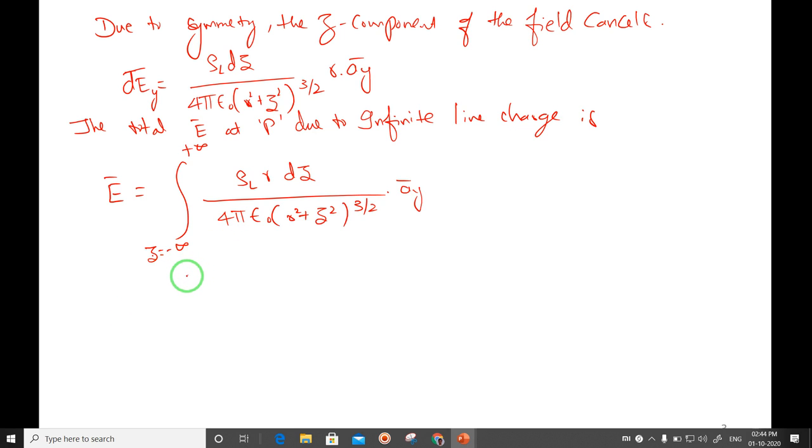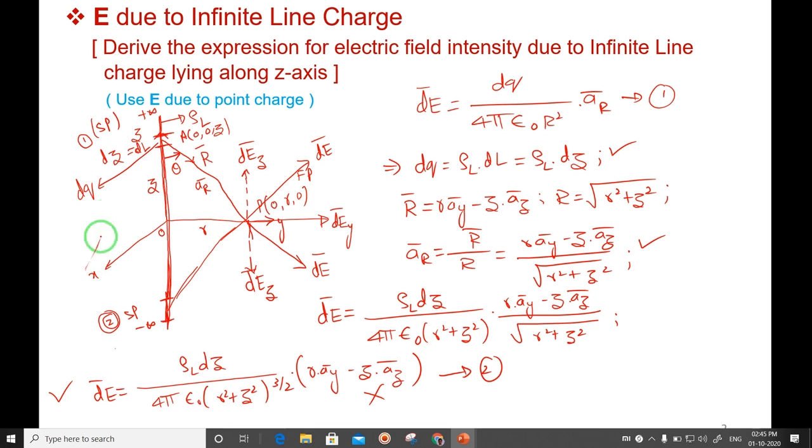But the integration is a challenging task. So z is varying from minus infinity to plus infinity. I want to change the limits of integration, right? So what I will do, just observe the diagram here. Tan theta. Either I can consider tan theta or cot theta, but I will be considering cot theta. First, let me write tan theta. Tan theta equals opposite by adjacent. Opposite is R and adjacent is Z, right?